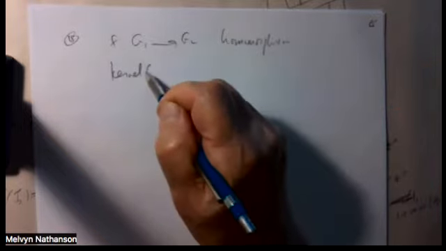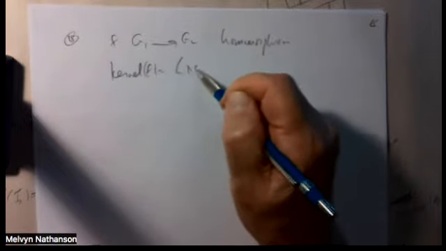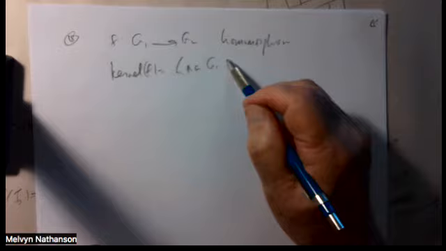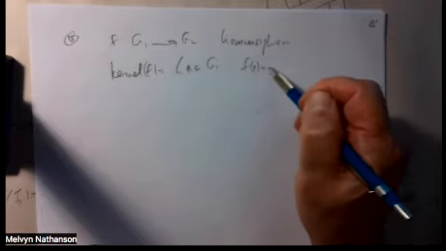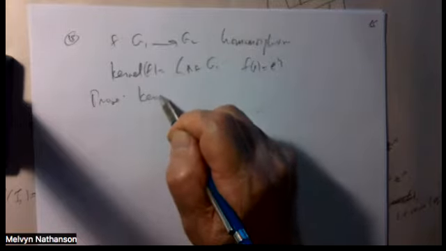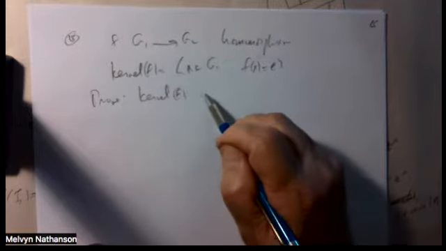And the kernel of F, it's all X in G1, such that F of X is the identity. And we want to prove kernel of F is a normal subgroup of G.